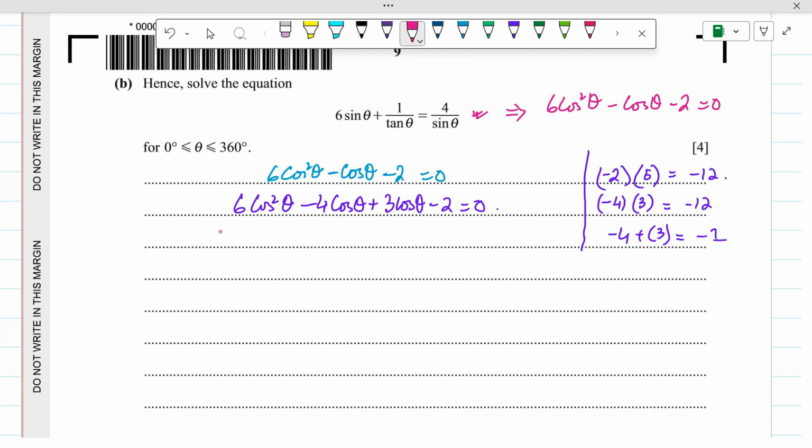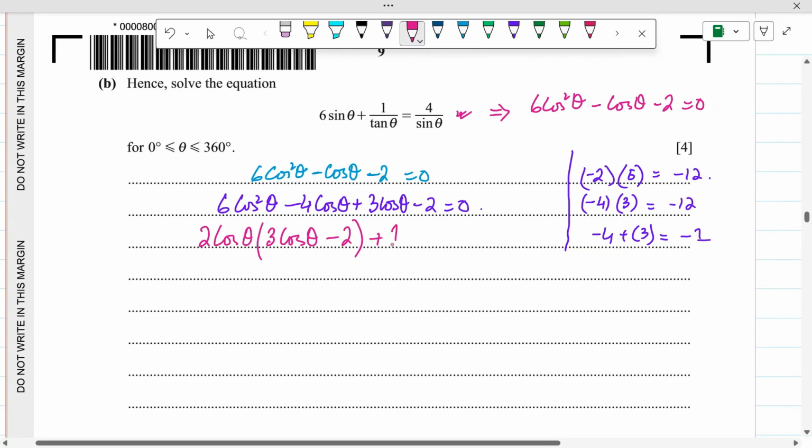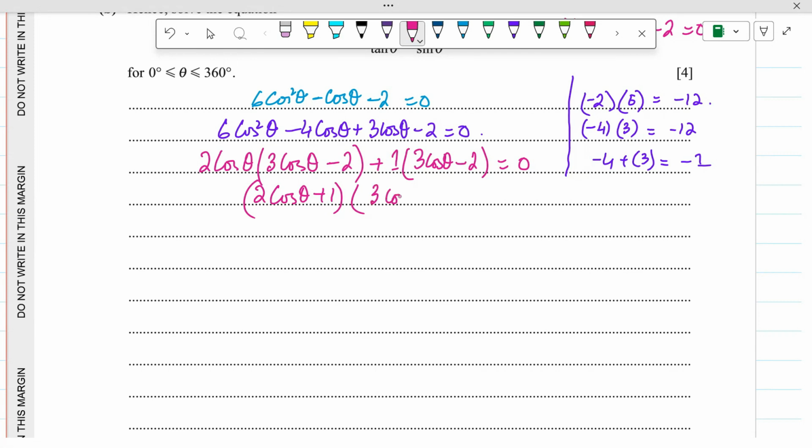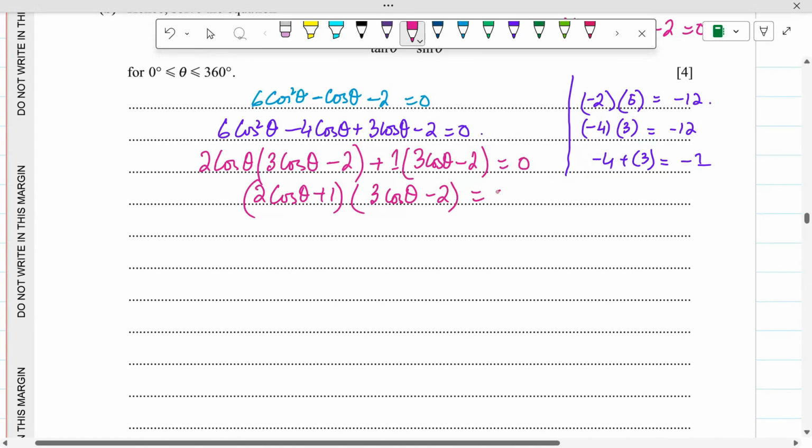Taking 2 cos theta common, we will have 3 cos of theta minus 2, and taking 1 common, we will have 3 cos of theta minus 2 equal to 0. So this will be 2 cos of theta plus 1 times 3 cos of theta minus 2 equal to 0.